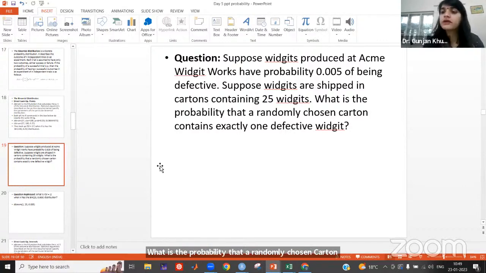Capital X is a random variable described as the number of defective widgets. So what is the probability that capital X is equal to 1?